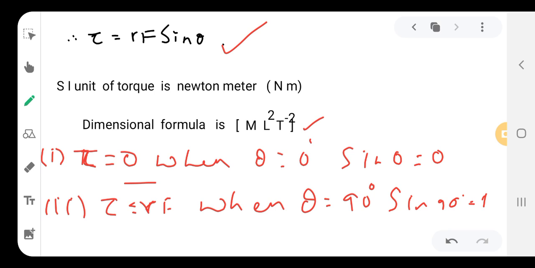These are the two conditions, the maximum and minimum values of the torque. If the force applied is parallel to the radius vector, the torque will be 0, and if the force applied is at 90 degrees, the torque will have the maximum value.